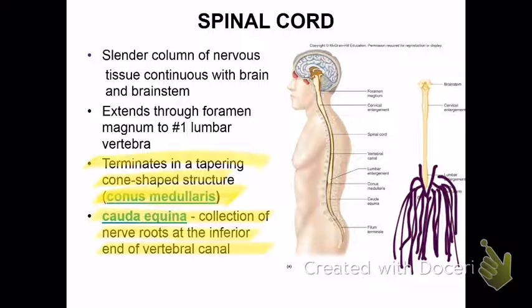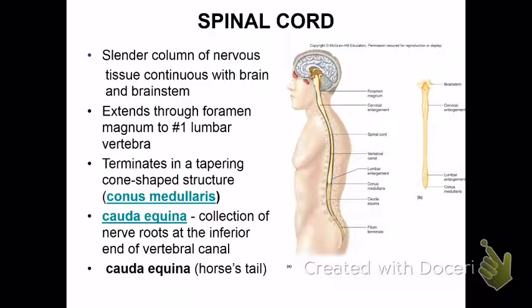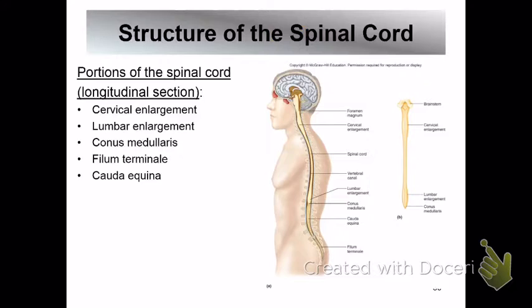Cauda means tail, equina is a reference to horse. Here you'll see the structures of the spinal cord, and you can see where it gets larger at the cervical area, larger at the lumbar area, and then the two things we just pointed out.